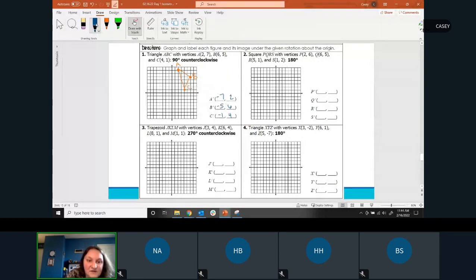A prime is at -7, 2. That was where A prime landed. -5, 6, that's where B landed, so that's B prime. And C is at -1, 4. So there's your shape rotated without having to memorize any rules. All you have to do is turn your paper however many times you need to, figure out what those coordinates are, and then turn your paper back and graph them.